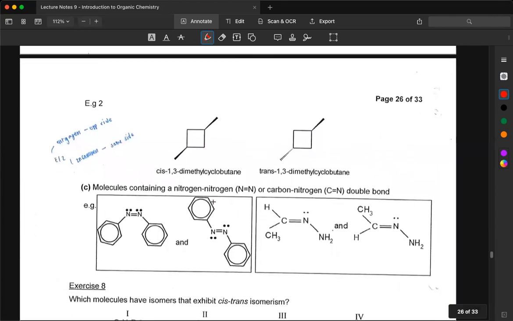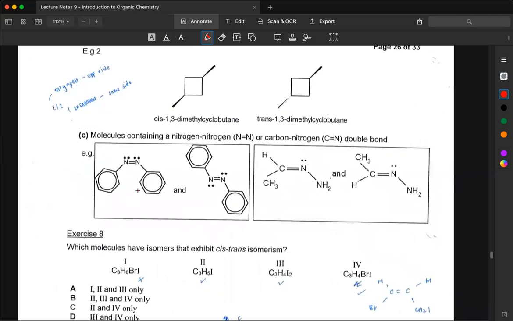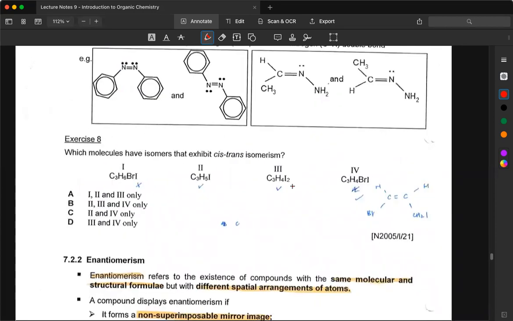Cis, trans. Also for molecules containing nitrogen-nitrogen or carbon-nitrogen double bonds, it is also possible. You can try yourself which molecules exhibit cis-trans isomerism.